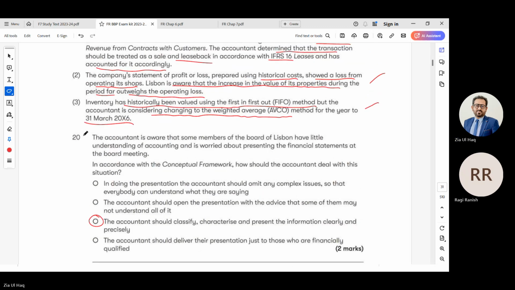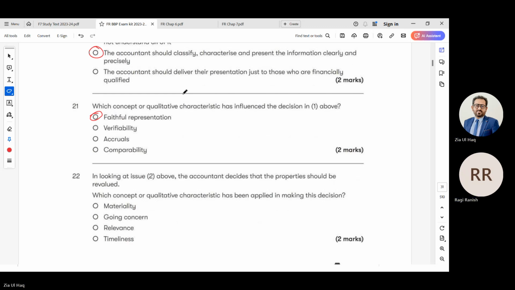Number 2, the company's statement of profit or loss prepared using historical costs shows a loss from operating its shop. The company is aware that the increase in value of its property during the period far outweighs the operating loss. If we increase the value of our property, that gain will convert the loss into profit.